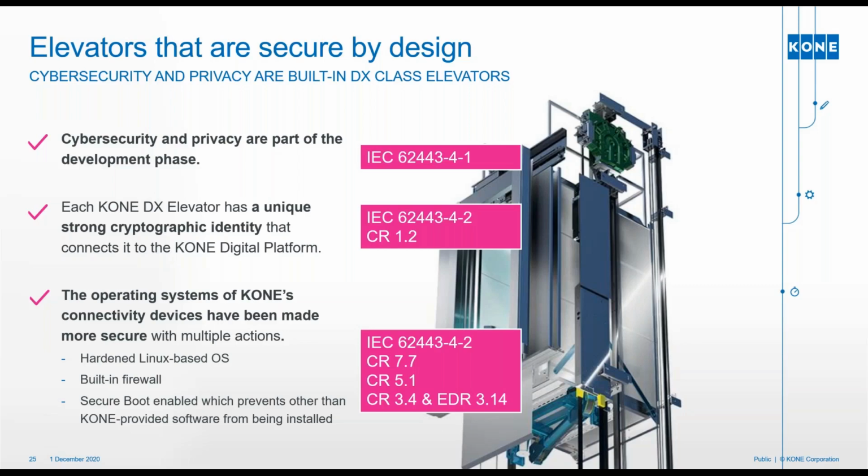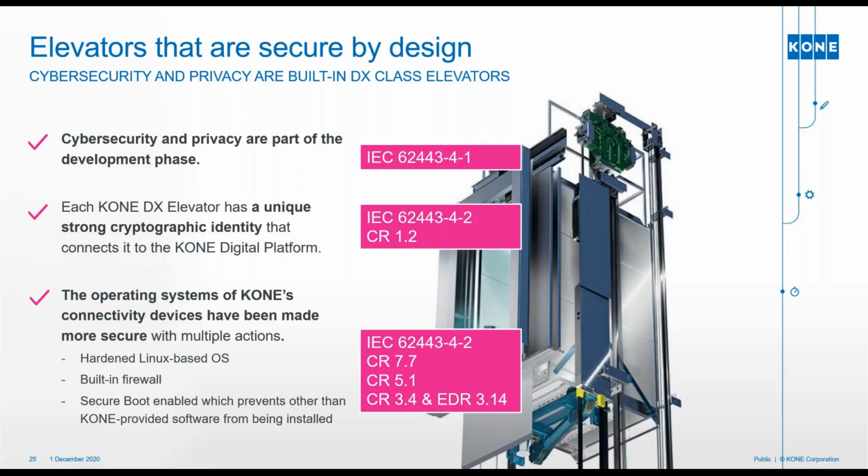Then in each KONE DX Class elevator, we have a unique strong cryptographic identity that connects it to the KONE digital platform. And this is just an example. This fulfills CR 1.2, the device identification and authentication requirement, and some other requirements also in foundational requirement number 1.